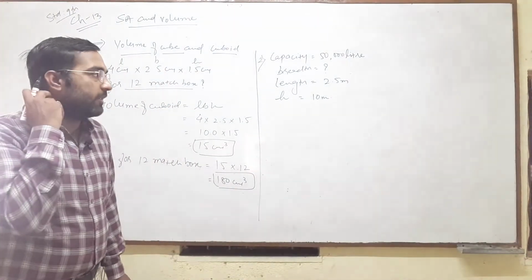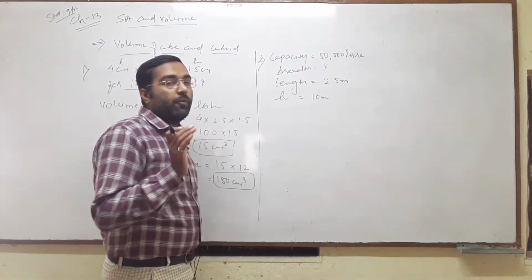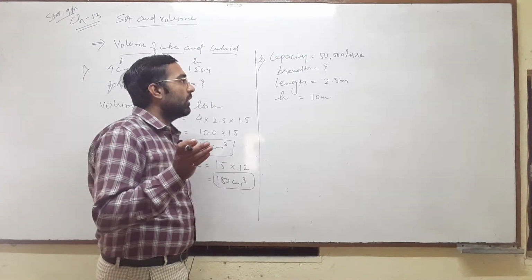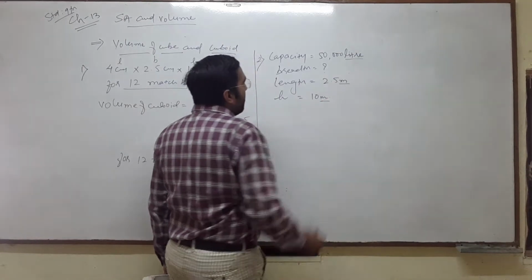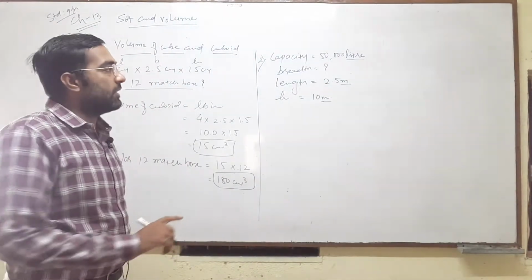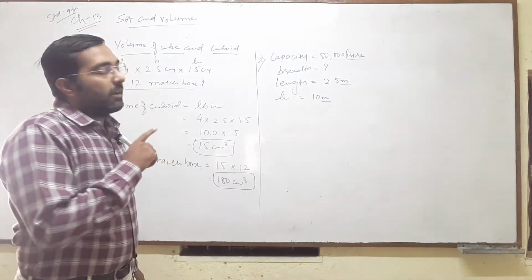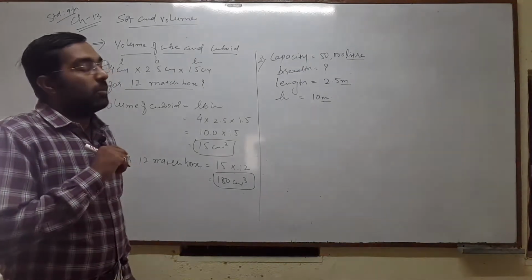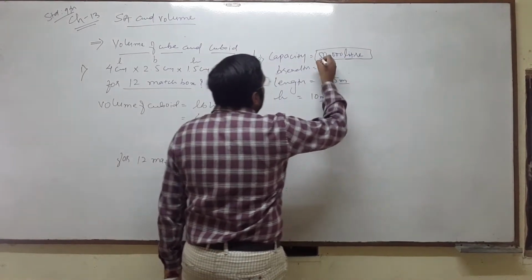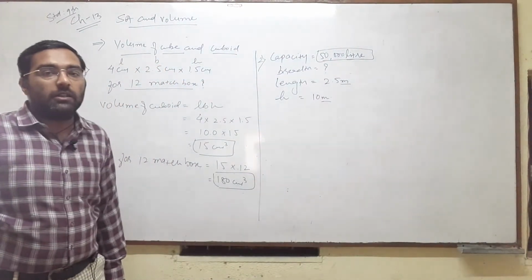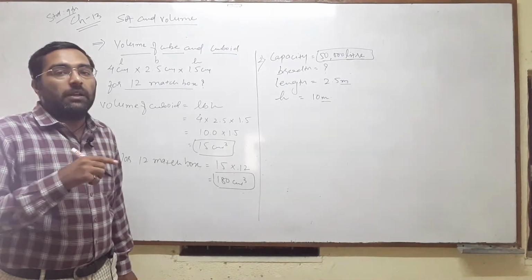Now, as we know, we need the same units to find any kind of thing. Here you see that both the length and height are in meter, but my capacity volume is given in liter. So what can I do? First of all, I'll convert the capacity that is given in liter to meter cube.